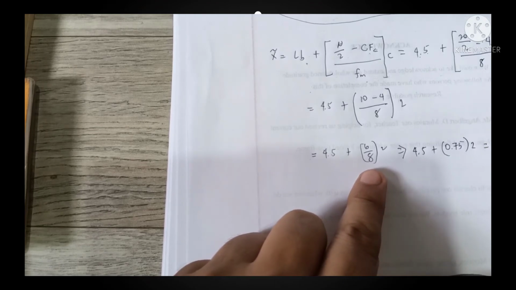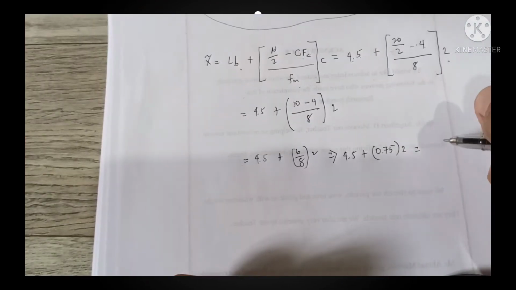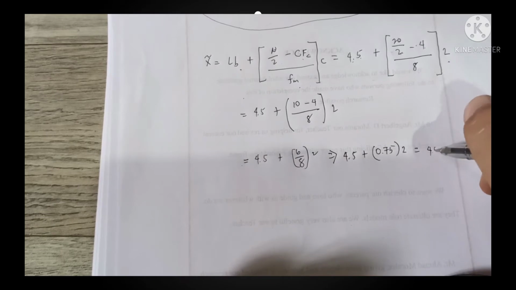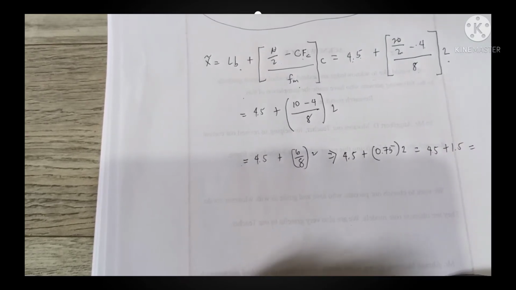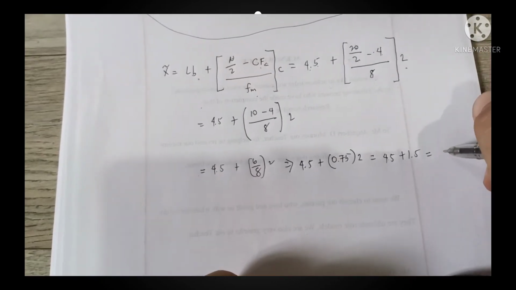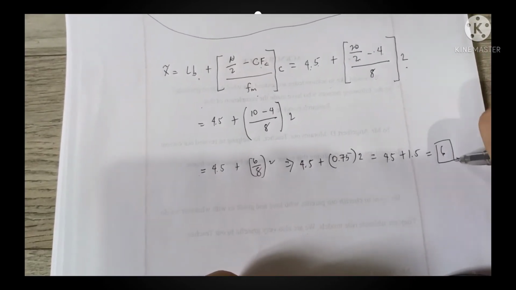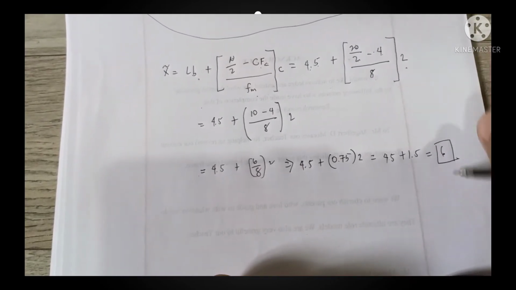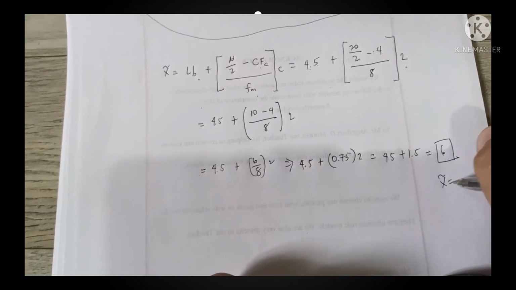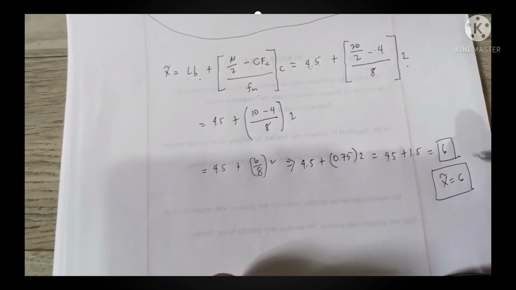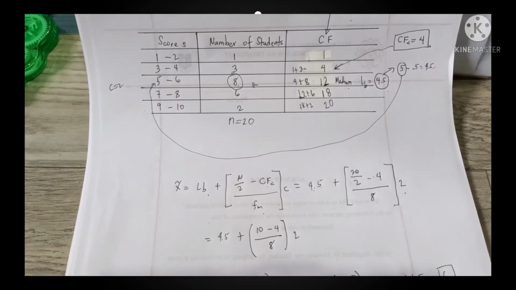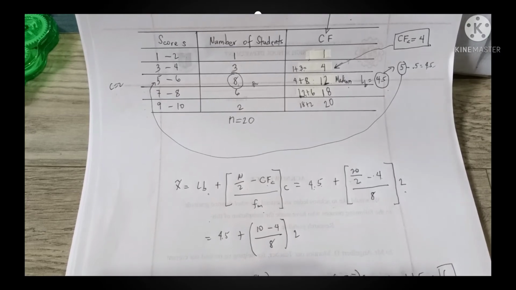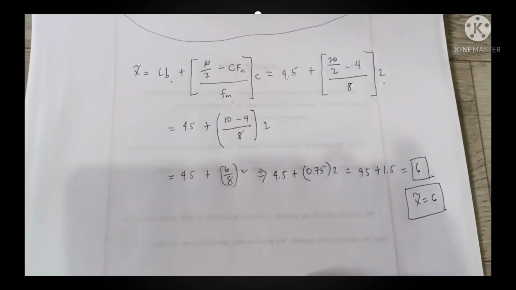Then, we'll be having 4.5 plus 1.5. So, the answer is 6. Okay? So, our median is 6. From the given equation, yan. Okay? So, yun yung ating sagot, 6. Okay?